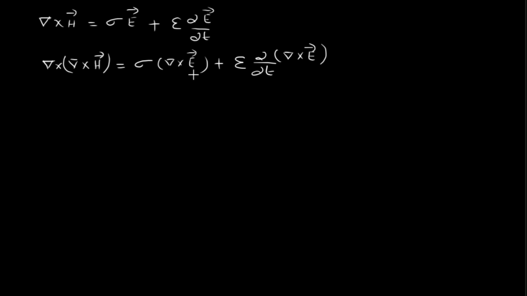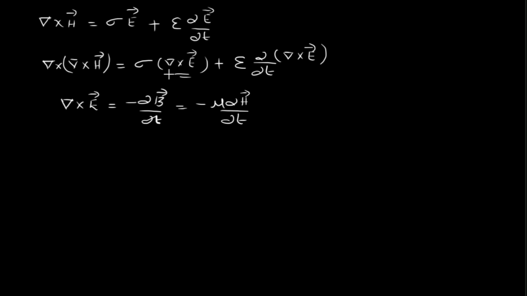The moment I see this curl of E, I know that I have another Maxwell's equation which relates curl of E with del B by del T, and this is nothing but minus mu del H by del T also.